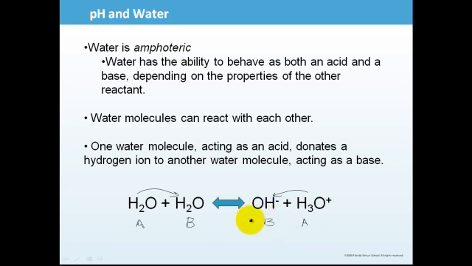Now remember, to distinguish that we're going in the reverse reaction, we put the word conjugate in front of those. So that would be the conjugate base. The hydronium is a conjugate acid. And again, that is when we're doing the reverse reaction. Okay, and we learned that back in lessons 7.1 and 7.2. Alright, so water, again, can act as an acid or a base.